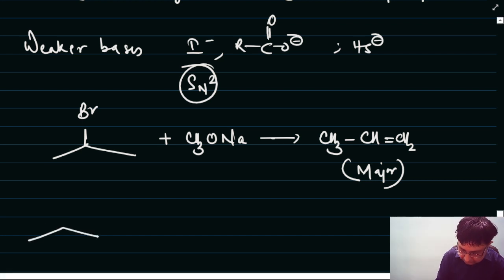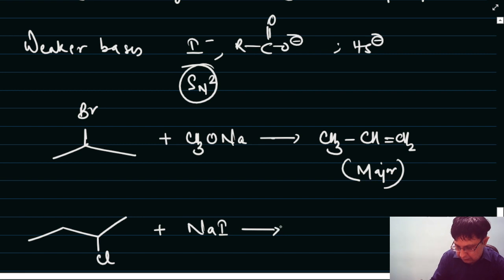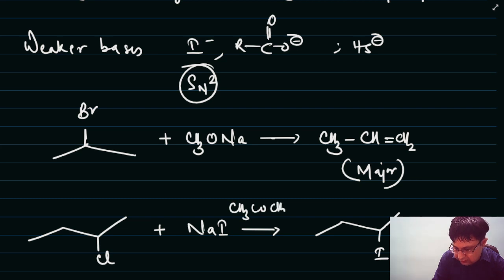Similarly, if I write this reaction, 2-chlorobutane, and I'm reacting it with sodium iodide in acetone, so what it will form as the product, it will form 2-iodobutane, a reaction which is also called the Finkelstein reaction. This is again the reaction taking place by which mechanism? SN2 mechanism.